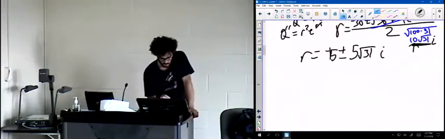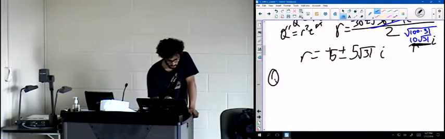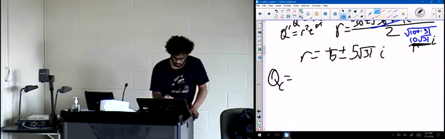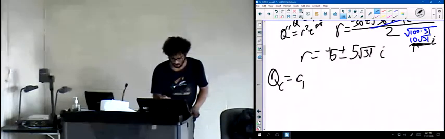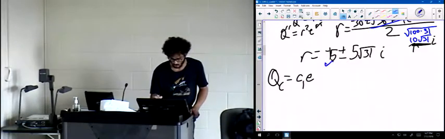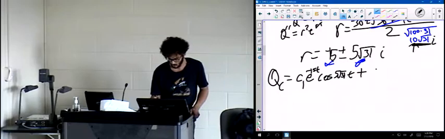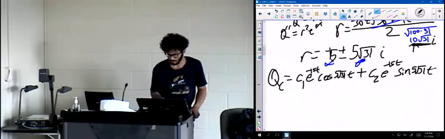So we have our R, and now we can write out the complementary solution, and it will read something like this. Remember, this is alpha, this is beta. So e to the negative 15t cosine of 5 square root 31 t plus 2 e to the negative 15t sine 5 square root 31 t.